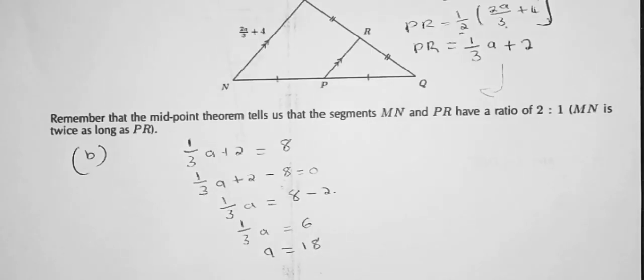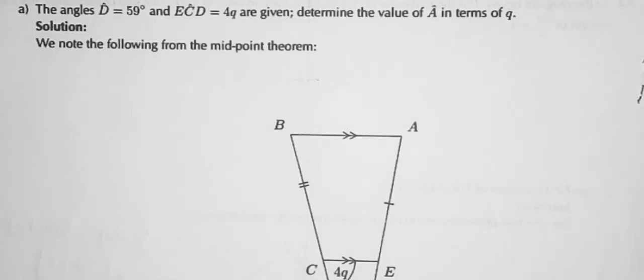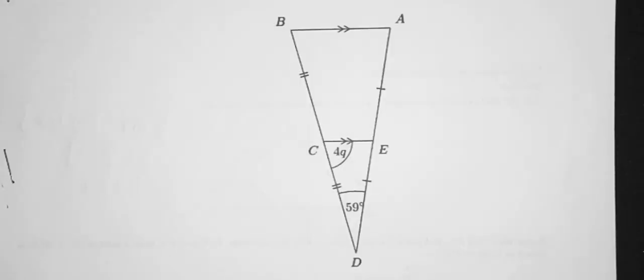Moving on. The angles D is equal to 59 and ECD is equal to 4Q are given. Determine the value of A in terms of Q. Here is our big triangle.